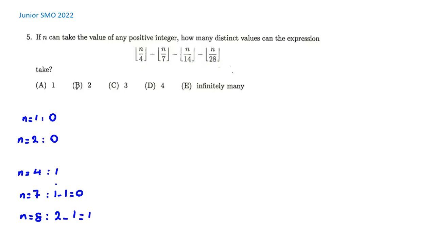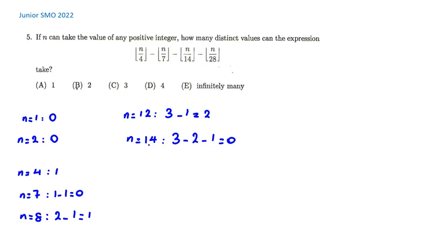And n=10, 11, 12: 12, because it is a multiple of 4, will change. 12 over 4 is 3, minus 12 over 7 which is 1, so here it is 2. Now the next part, n=14. For n=14 it will be 3 minus 2 minus 1, which is 0 again.